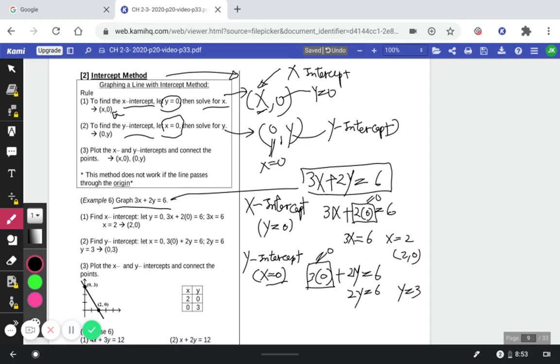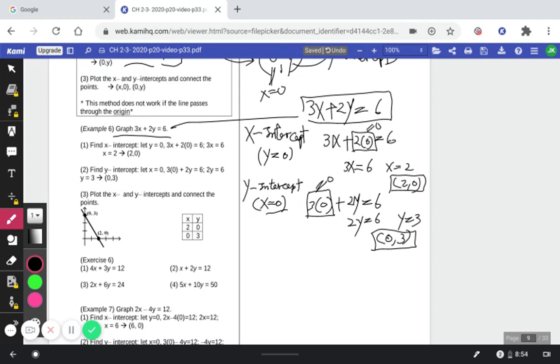So what does that mean? Well, x is 0 and y is 3, so that point is (0, 3). And the previous one was (2, 0). So what you do is find these 2 points.